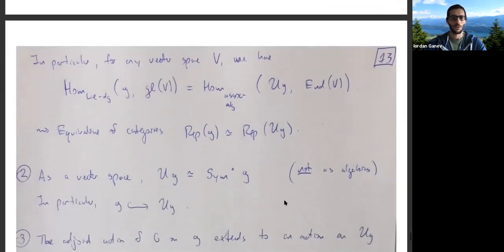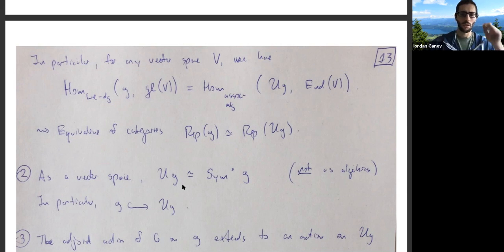Okay, and also, as a vector space, this universal enveloping algebra is isomorphic to the symmetric algebra on the underlying vector space of the Lie algebra. So this is only as vector spaces, and it's only true that they're isomorphic as algebras if g is commutative.